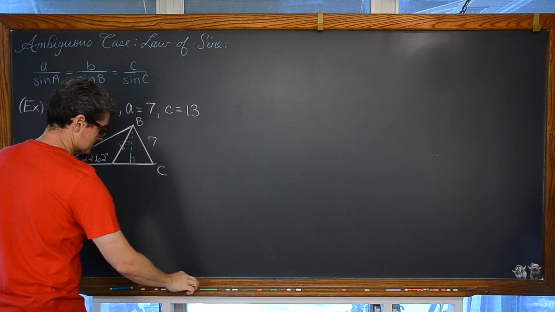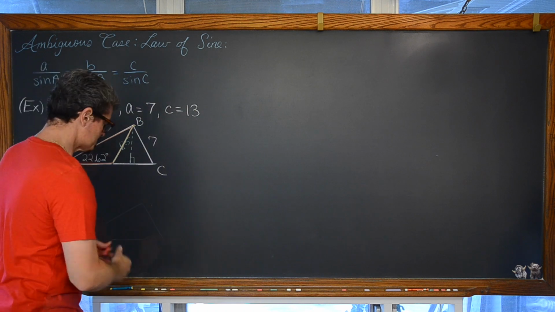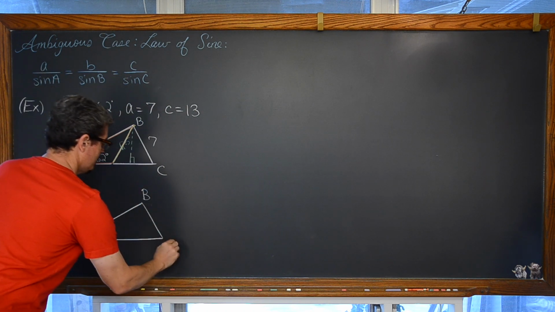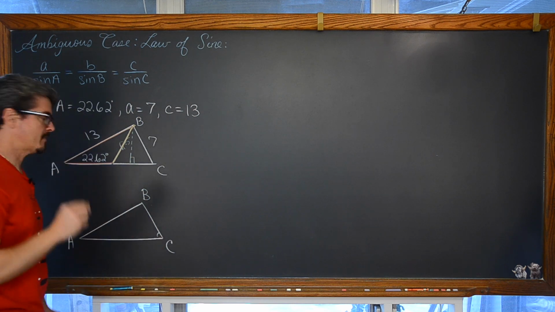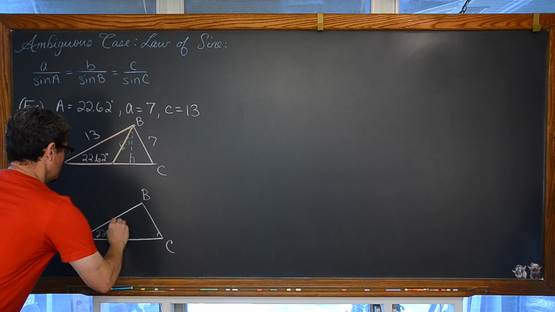And I'm going to highlight this with red instead of yellow. You're going to have the original. We're going to have angle A, B, and angle C is going to come out to be an acute measure because that's all inverse sine can give you.